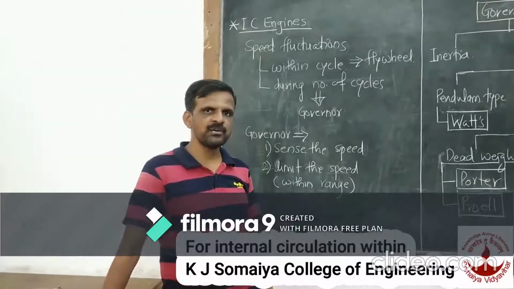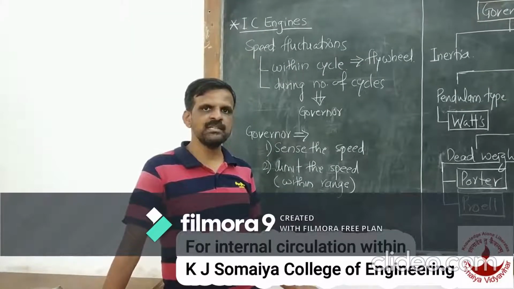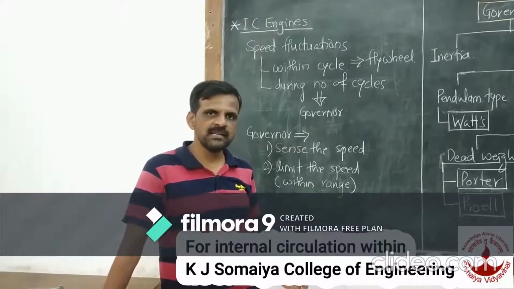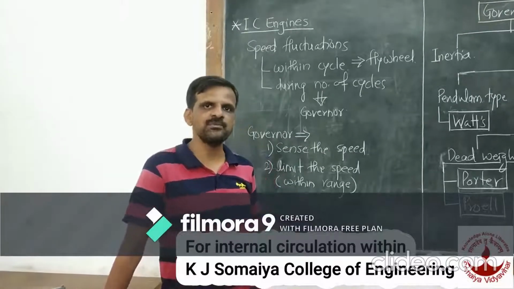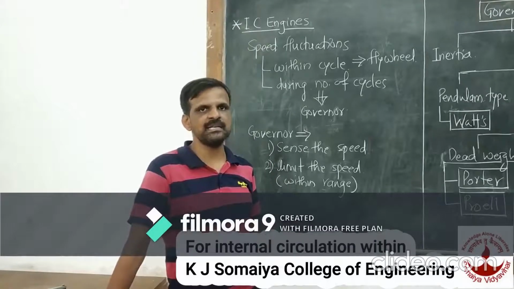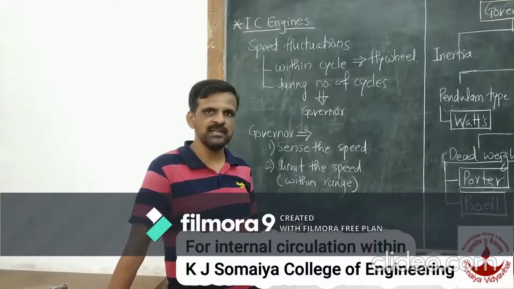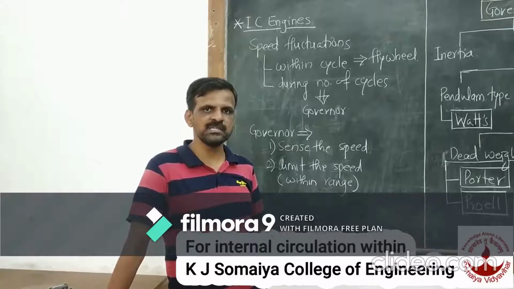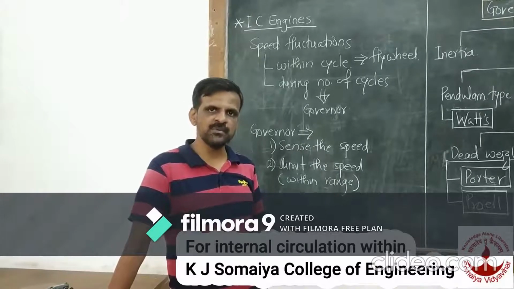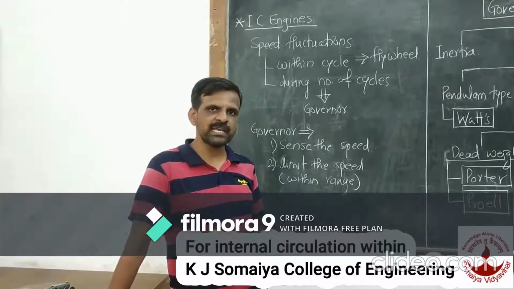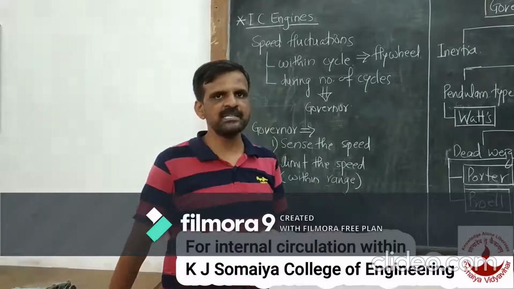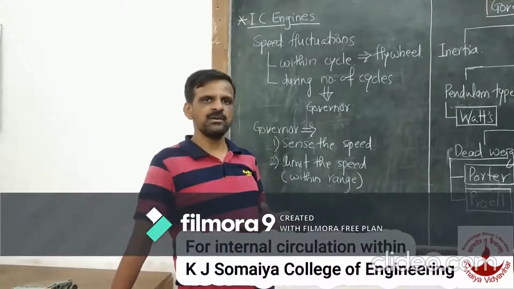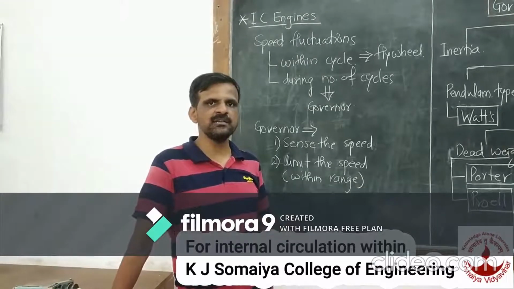When we are talking about speed of the engine within one cycle, there are some mechanisms available to regulate the speed within one cycle only, and that apparatus is termed a flywheel. A flywheel eliminates the fluctuations of speed of an IC engine within one cycle, whereas there are a few mechanisms which control the speed of the IC engine during its working condition when the load on the engine changes.